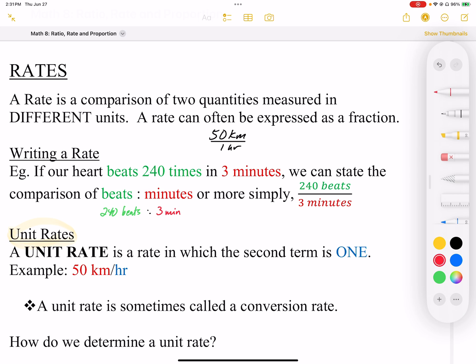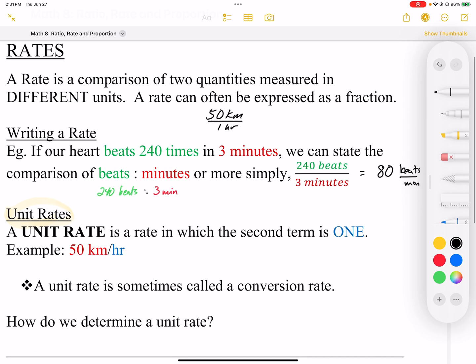So an example here is if I want to convert 240 beats per 3 minutes into a unit rate, I divide 240 divided by 3. When I do that on my calculator, I get 80. And the units of this are going to be beats per minute. And what's implied is that it's going to be for 1 minute.